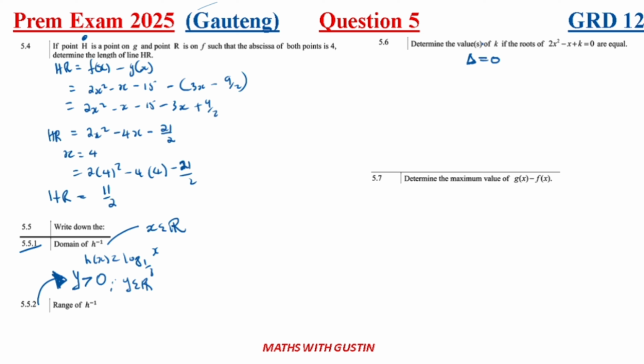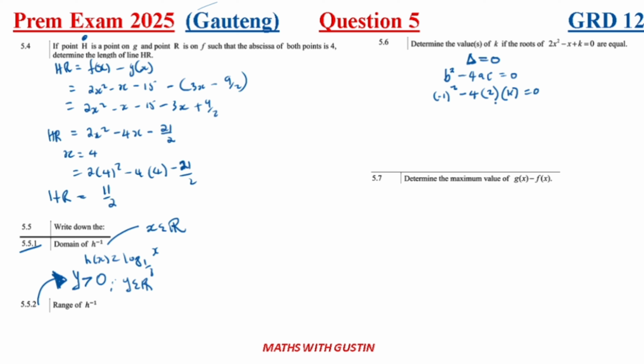So now we are coming to say here, okay, b squared minus 4ac, which is our discriminant, has to be equal to 0. So therefore, we're going to put b here. b is going to be negative 1 squared minus 4, a is 2, and then c is going to be just positive k.